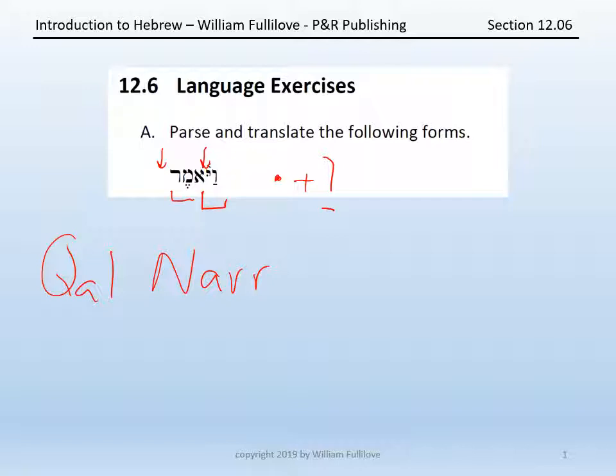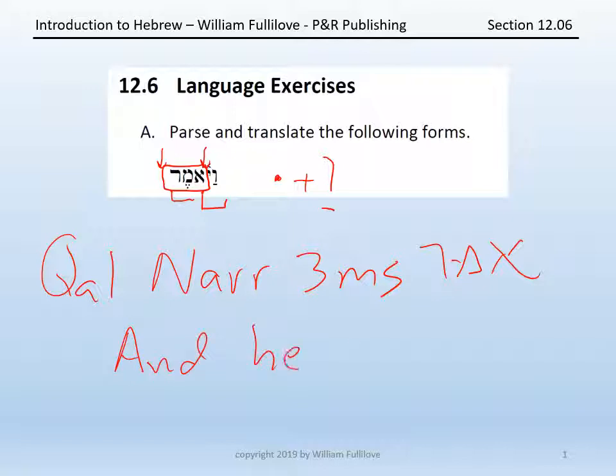So Qal narrative, third masculine singular, and then my three root letters in this case are immediately apparent, aleph, mem, resh, amar. So this is a Qal narrative, third masculine singular of amar, and I would gloss it as "and he said." Do the rest of Section A to practice your parsing.